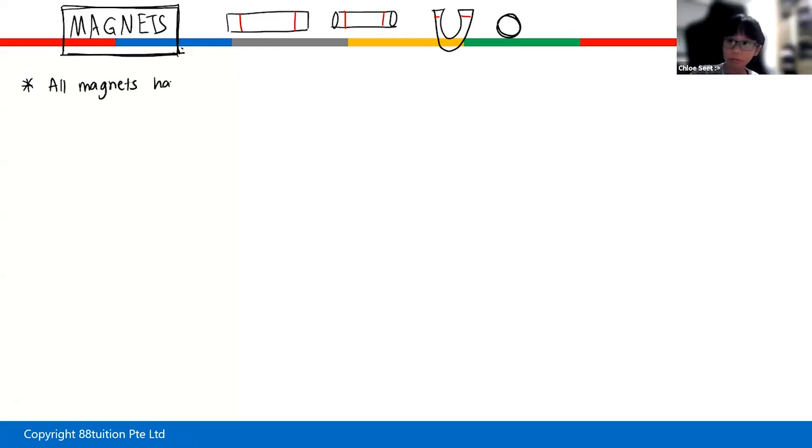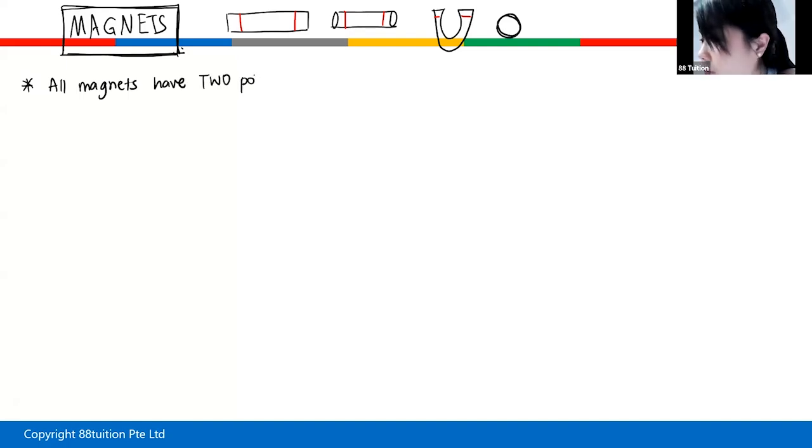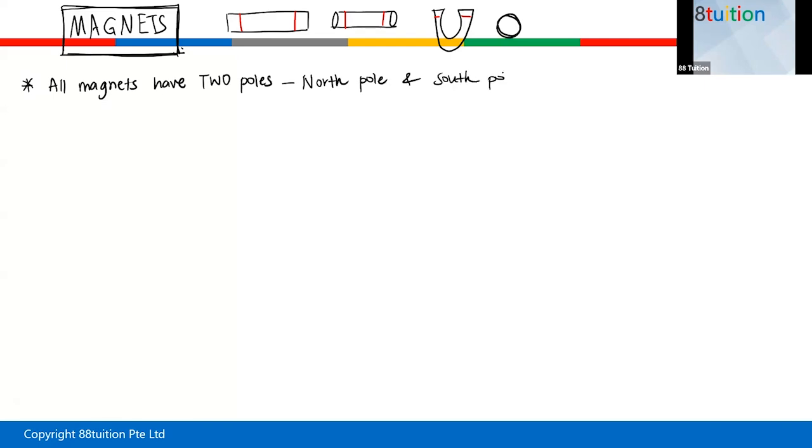North and South Pole. Okay, so all magnets have two poles. The poles are at the ends of the magnets. We have the North Pole and the South Pole.